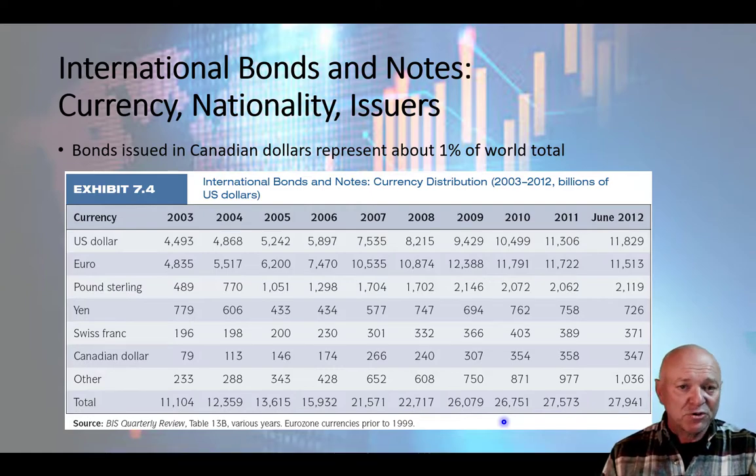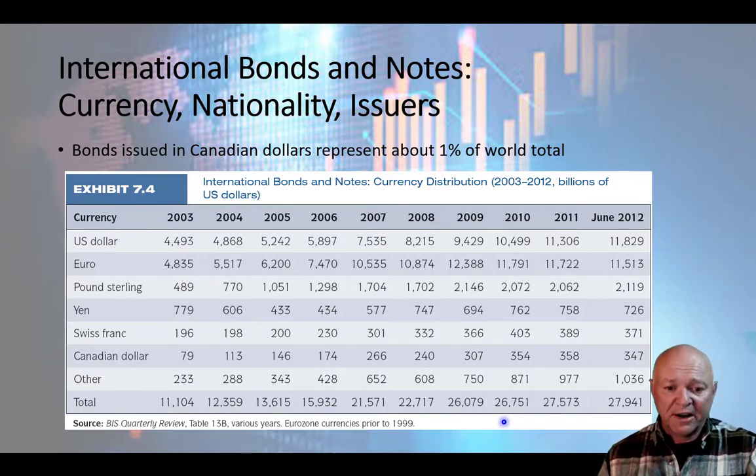Pound-denominated notes have also been important and continue to be important. The yen, the franc, the Canadian dollar, and increasingly other currencies like the rupee and the renminbi are becoming important in terms of issuing foreign-denominated instruments.